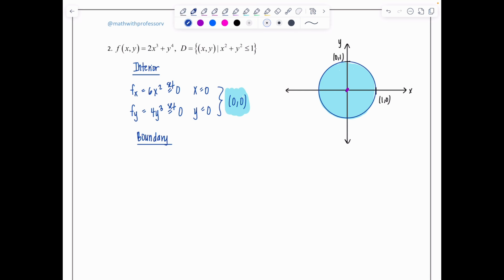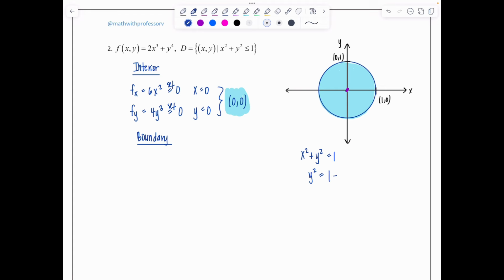So the best way to proceed, that way you don't miss any points, any corner points, is that you isolate one of the variables, either x or y. It doesn't matter which. So my actual boundary equation is x squared plus y squared equals 1. I'm going to isolate y.